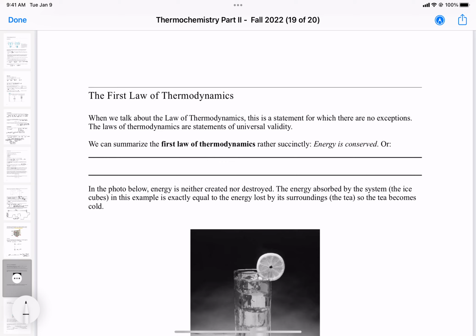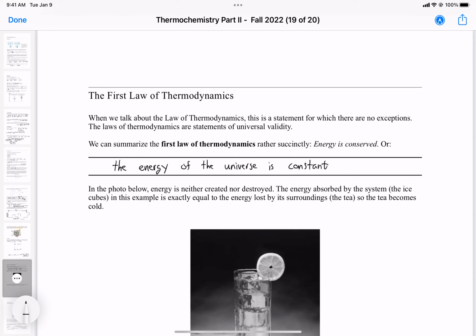All right. So the first law of thermodynamics, it's pretty straightforward. Energy is conserved, or, if we were to explain it a little bit more, the energy of the universe is constant.